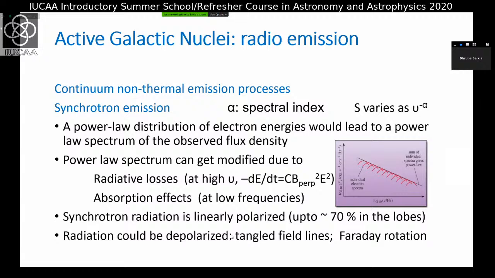Similarly, there is an effect called Faraday rotation, which can also lead to a decrease in the degree of polarization which you observe. So we'll talk a little bit about Faraday rotation later in this lecture this afternoon, but you have to keep this in mind when we come to it later.